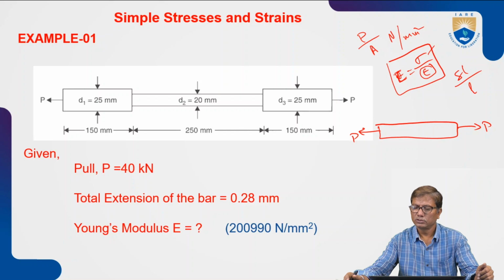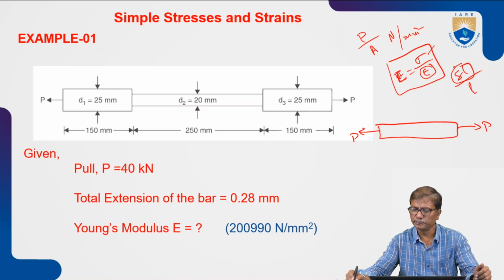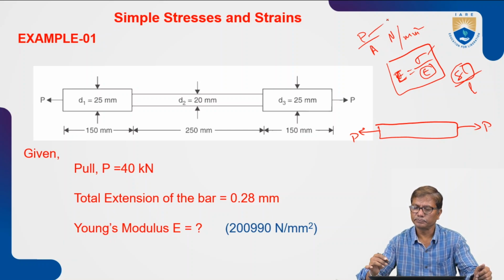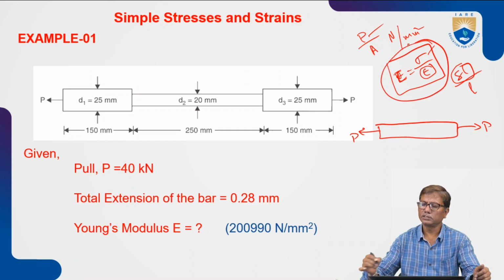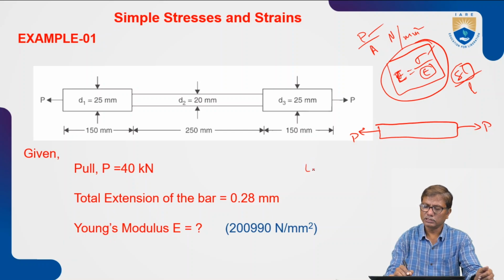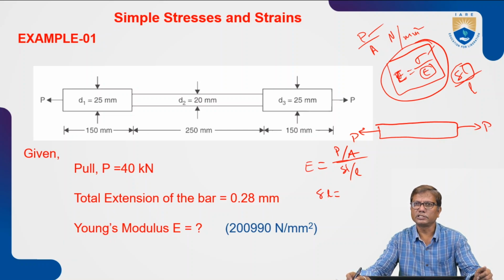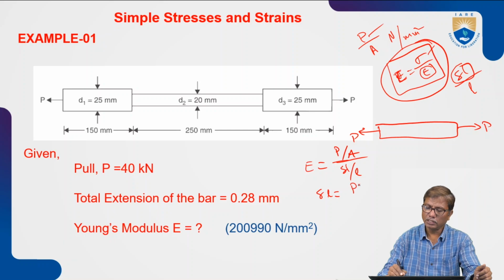So here, to find the extension of any longitudinal member subjected to axial force P, we use the expression E equal to stress by strain. Here stress is P by A and strain is delta L by L. So from this, the extension or contraction delta L is equal to PL by AE.